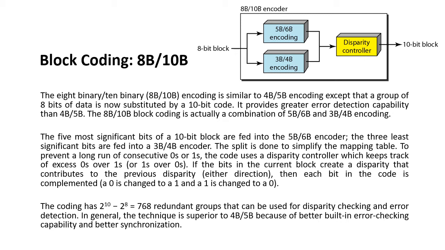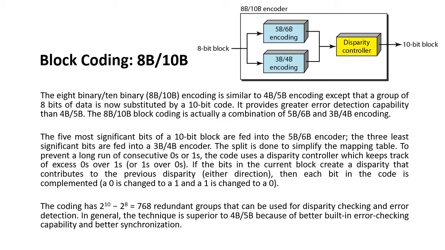The 5 most significant bits of a 10-bit block are fed into the 5B/6B encoder. The 3 least significant bits are then fed into a 3B/4B encoder. The split is done to simplify the mapping table and to prevent a long run of consecutive zeros or ones.